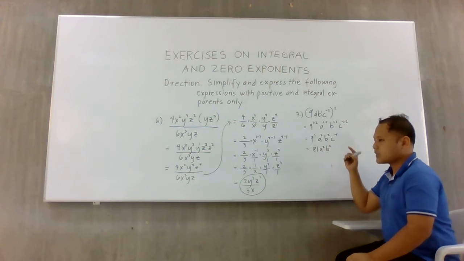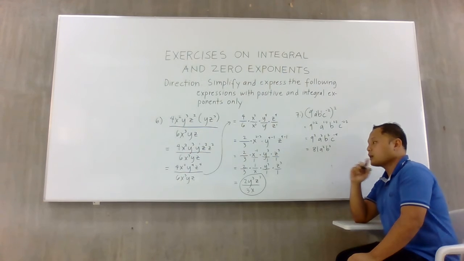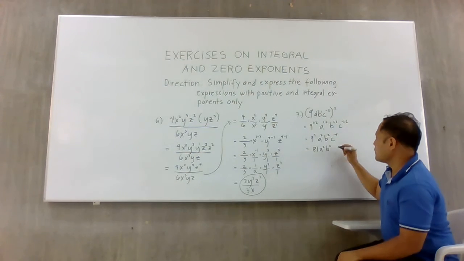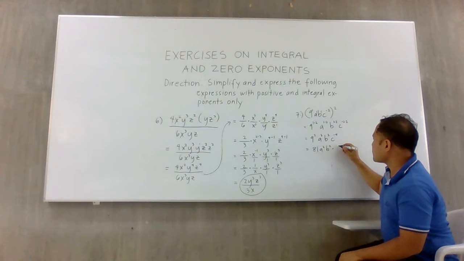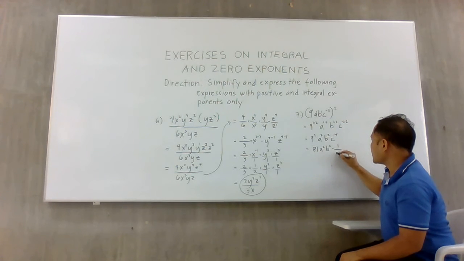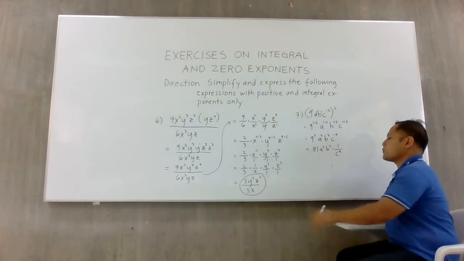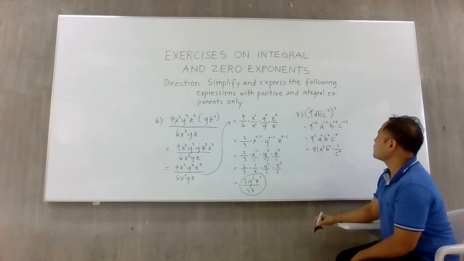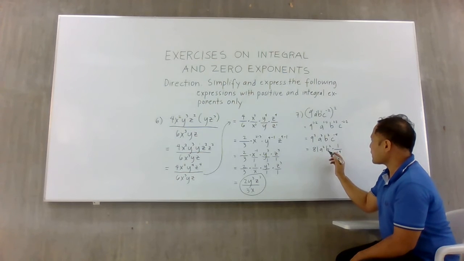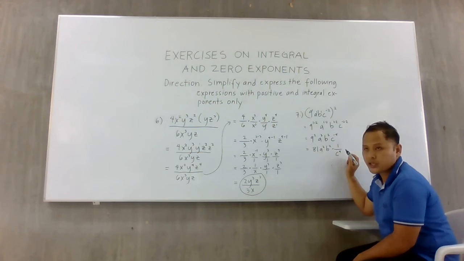The problem with letter C, it has a negative exponent. So we have to reciprocate this. So we have to write this one as 1 over C with the positive exponent 4. So it looks like multiplying a whole quantity by a fraction.